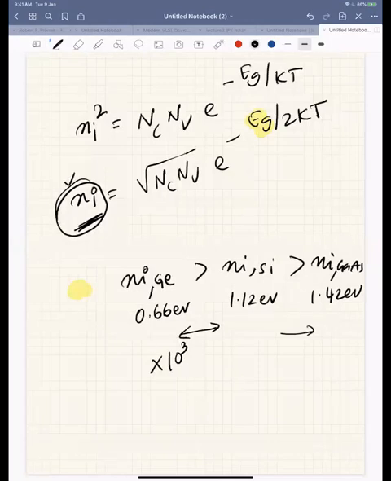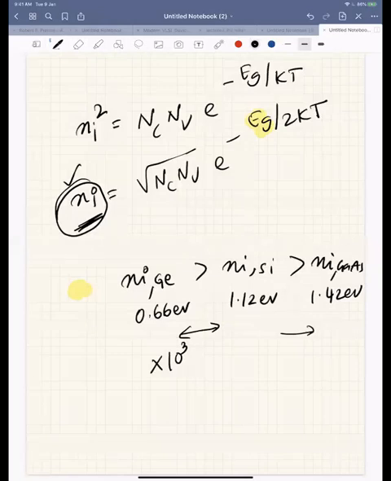So the intrinsic concentration, if your crystal is a pure semiconductor, is the number of electrons and holes at a particular temperature, because we deal with room temperature. At absolute zero, there are no electrons in the conduction band. At room temperature we have some electrons, and that is defined as the intrinsic concentration.